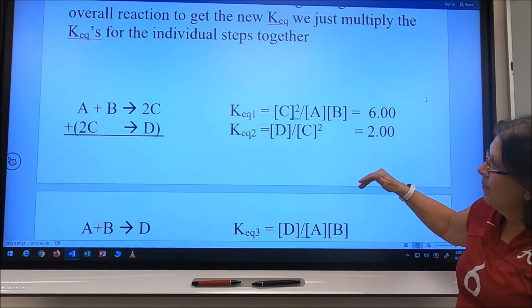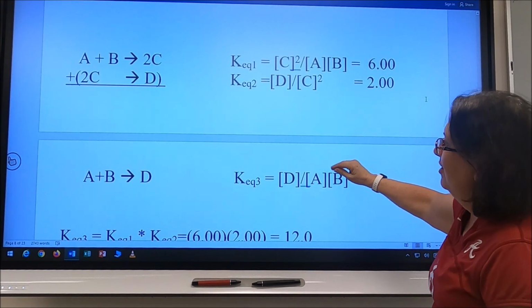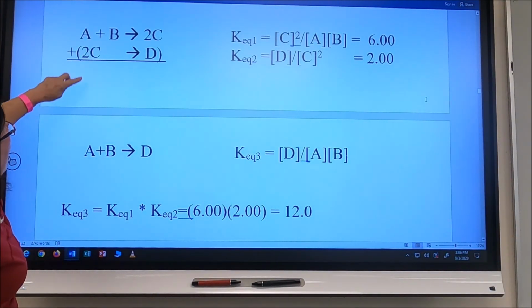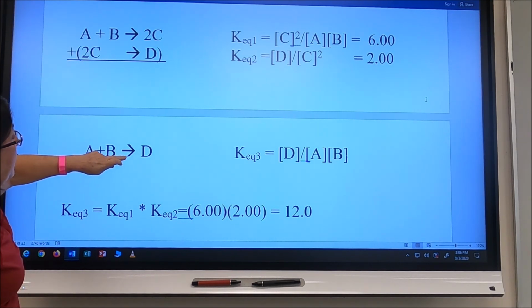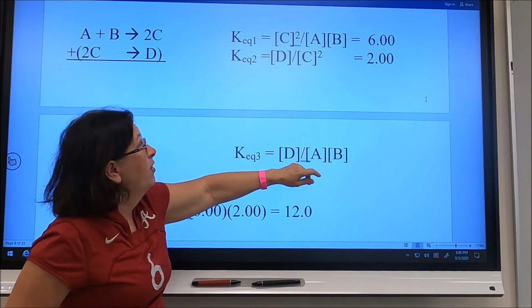If I add the 2 reactions together, I get A plus B goes to D, with the equilibrium constant D over A times B.